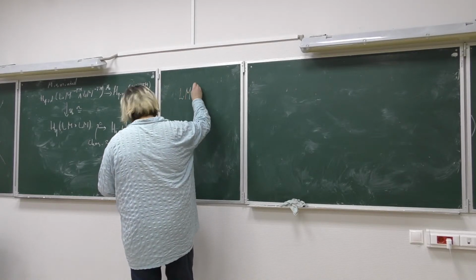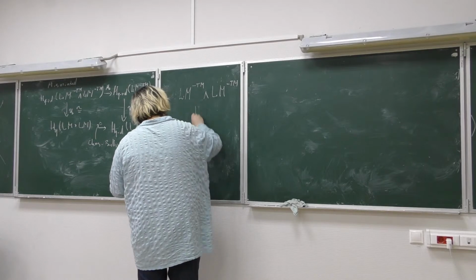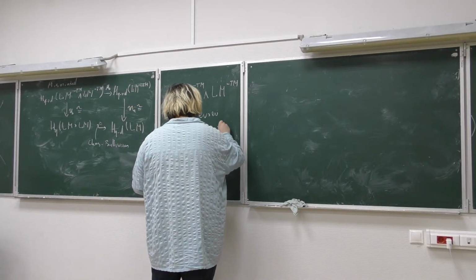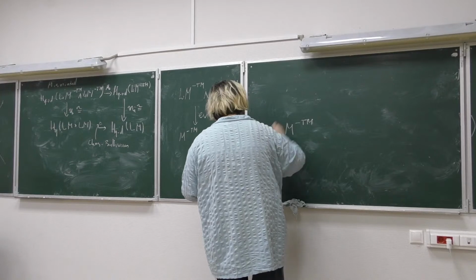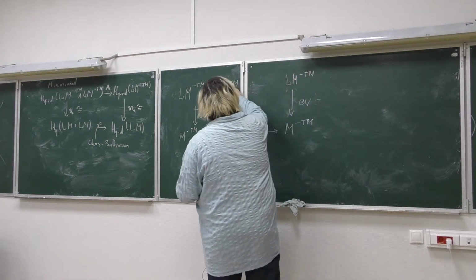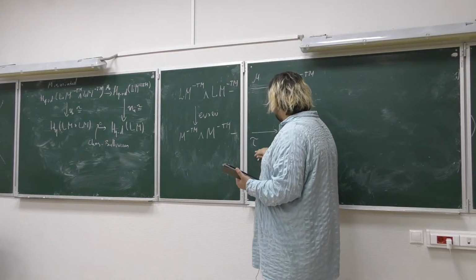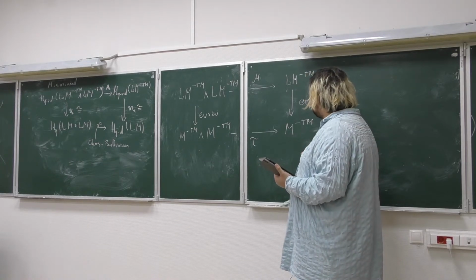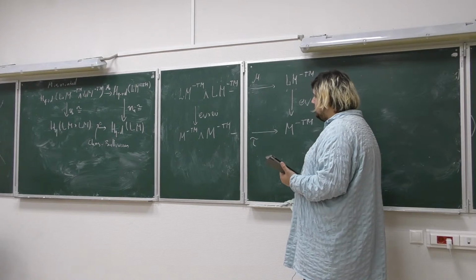Since the Pontryagin-Thom construction is natural, and we obtain this mu by pulling back tau, we actually get a commutative diagram like this, which shows that multiplication in LM is compatible with multiplication in M to the power minus TM.